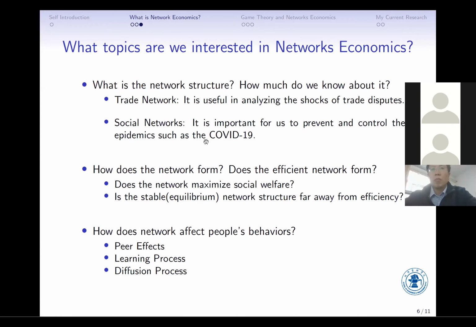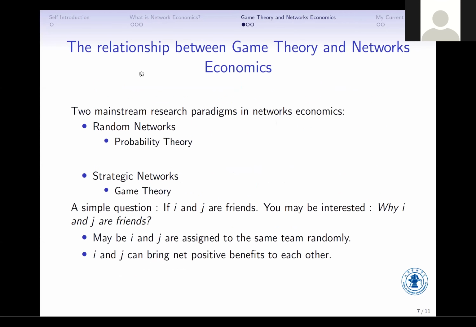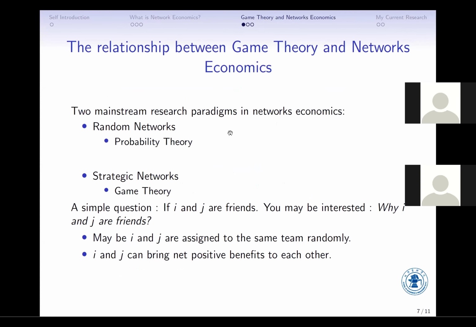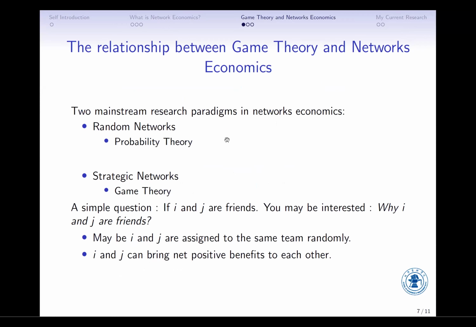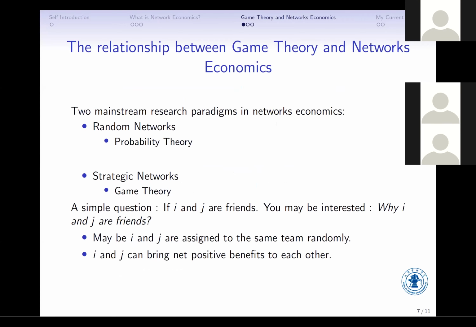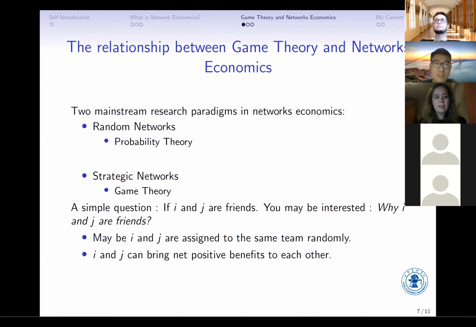In the third part, I want to introduce the relationship between game theory and network economics. I think there are two mainstream research paradigms in network economics. The first is random networks. The main tool is probability theory.